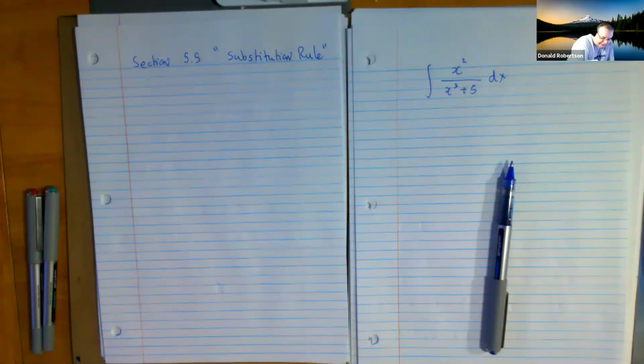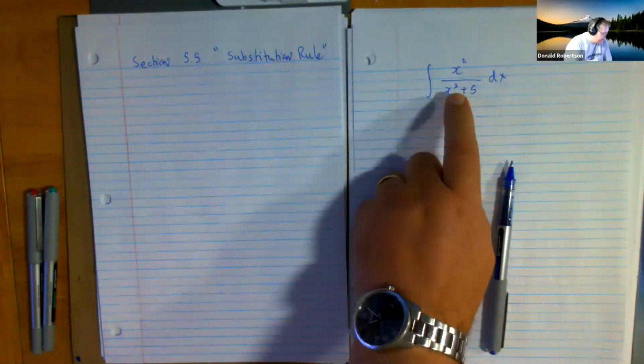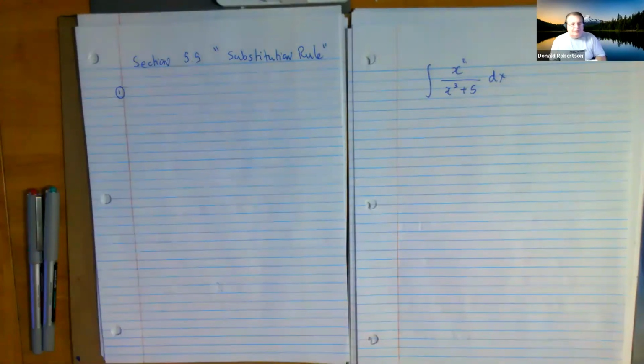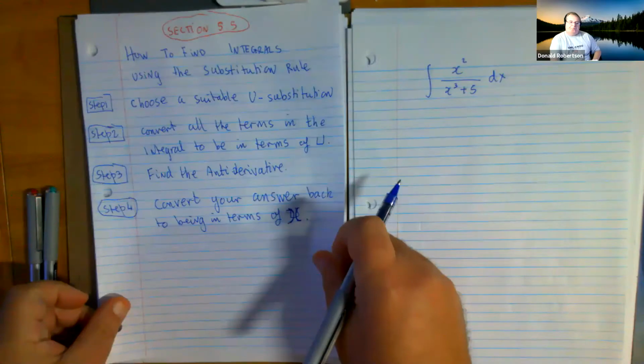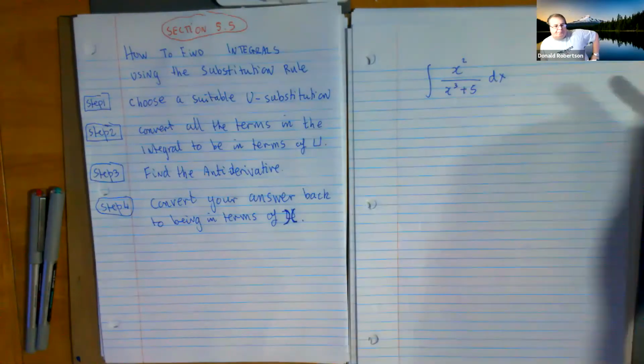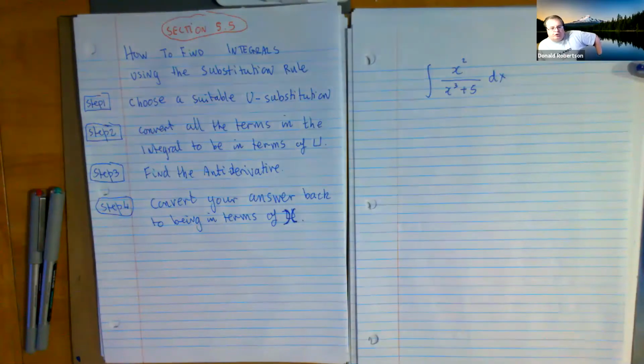And it adds a number of steps. I've already written them because it was mother class, so I could put them there while I talk through them. This is how you use it. The first step is you choose a suitable U substitution. Not telling you what that is yet, but that's what you're going to do.